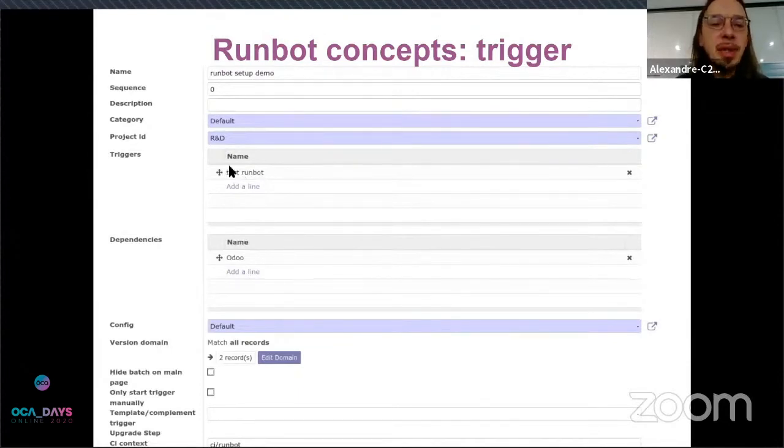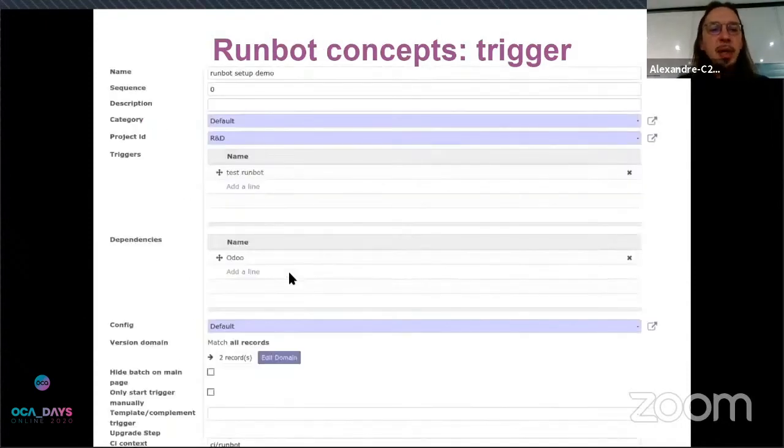You see that this screenshot was made before I found out that spaces were not supported, and I renamed that in my instance afterwards. So depending on what you want to have, if you want to be sure that if I change something in Odoo, I'm not breaking my test Runbot, I need to move my Odoo dependency to the triggers. Otherwise, I only get a new build when I change my test Runbot.